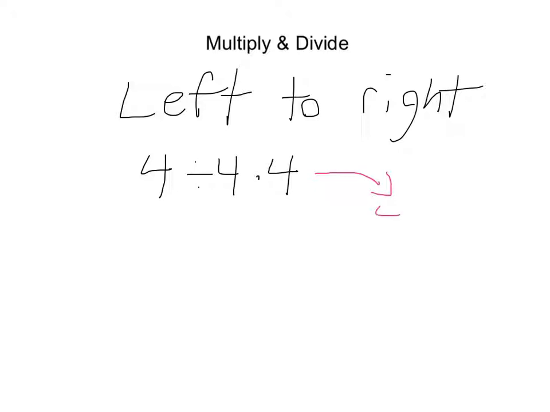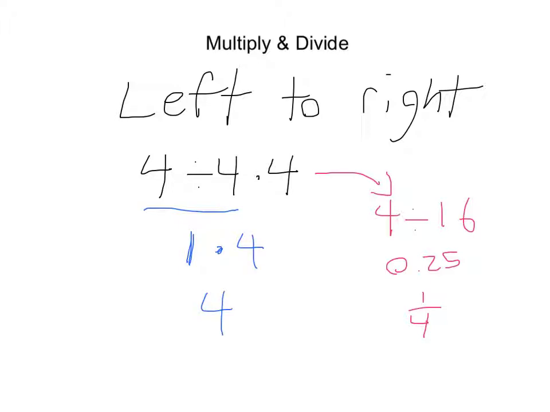They would say, oh, this is 4 divided by, and you would do 4 times 4, which is 16. 4 divided by 16 is 0.25 or 1/4. When really, from left to right, division should come first, so 4 divided by 4 is 1, times 4, and so you get 1 times 4, which is 4. Okay, so the correct answer here is 4.